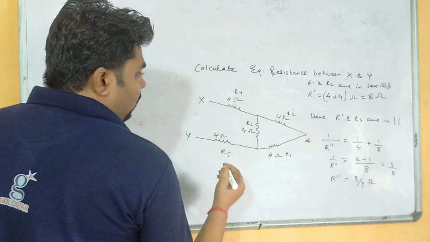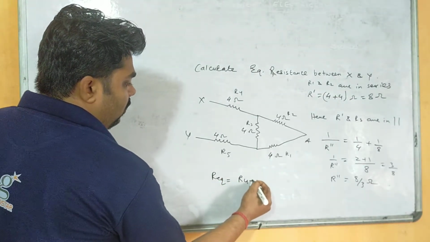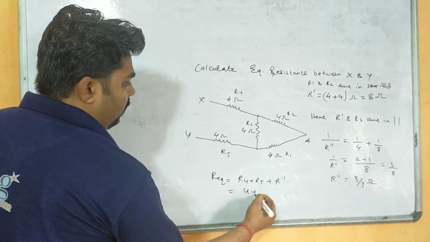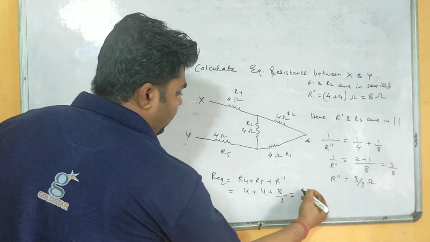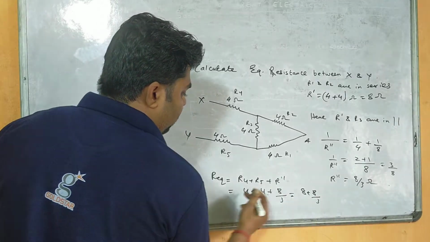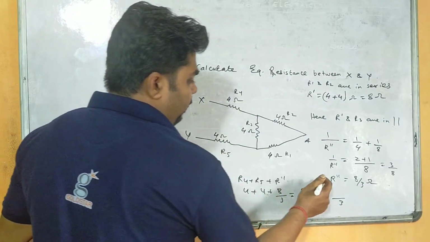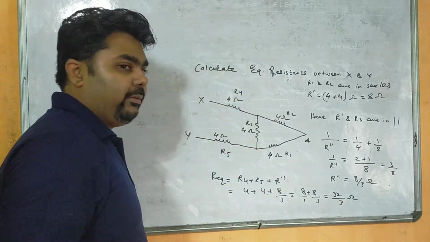So R equivalent equals R4 plus R5 plus R double dash, that is 4 plus 4 plus 8 by 3, or 8 plus 8 by 3. If we take LCM, 24 plus 8, that is 32 by 3. You can keep your answer in decimal or in fraction.